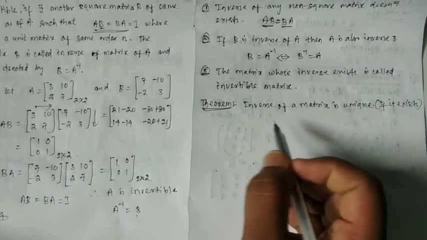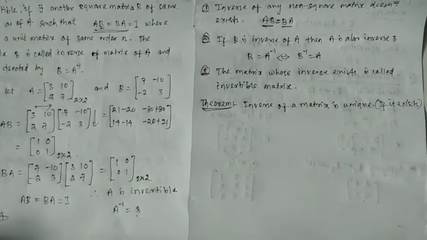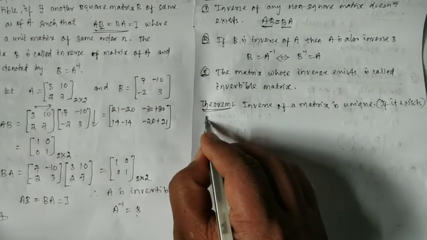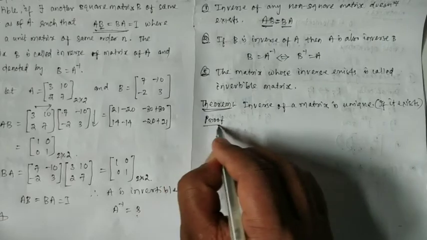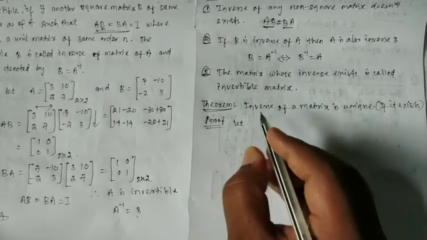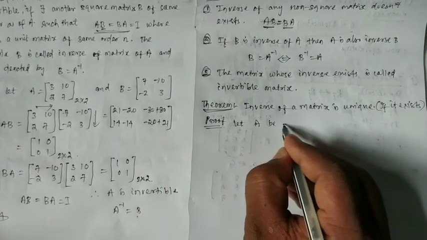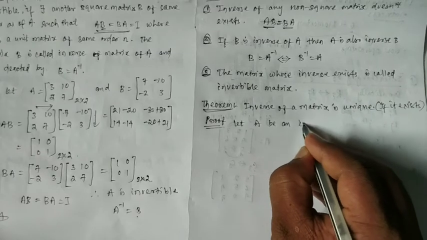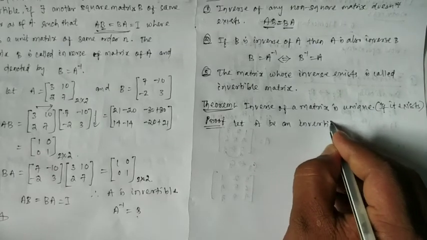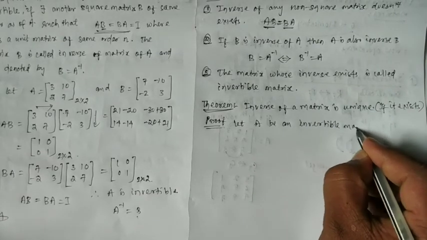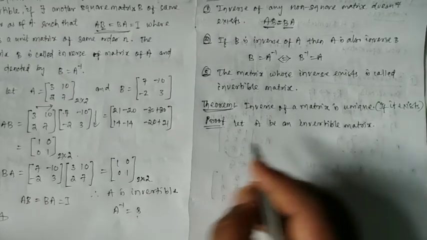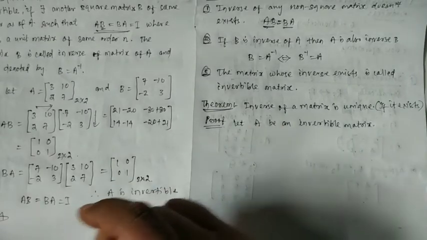That means the inverse of any invertible matrix is unique. Let's see the proof here. Let A be an invertible matrix. That means the inverse of A exists.